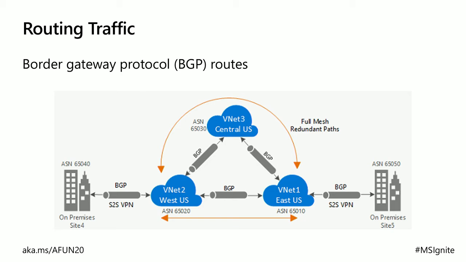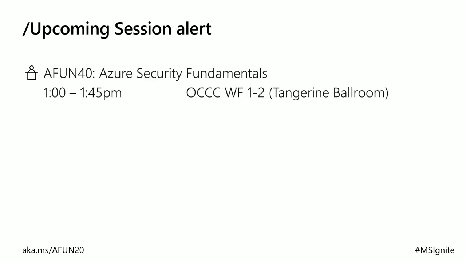It's peered and gets the routing information from that first BGP connection, and it creates another BGP connection to create a redundant mesh with the other regions where I have services set up. Finally, I can have another VPN gateway set up to my other on-prem location, and all of the reachability information has been shared across all of my different components.